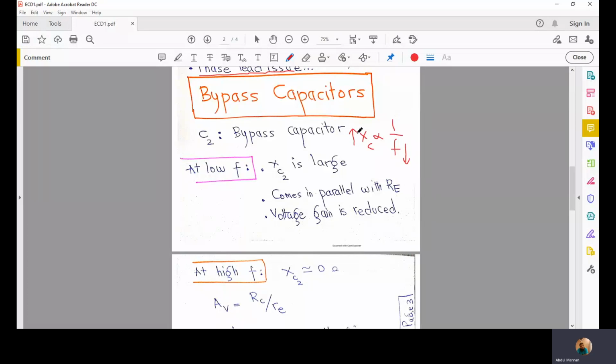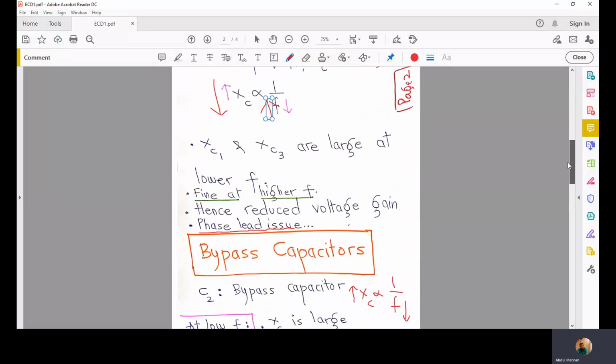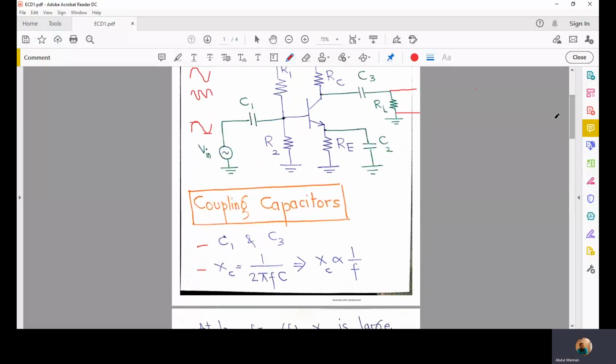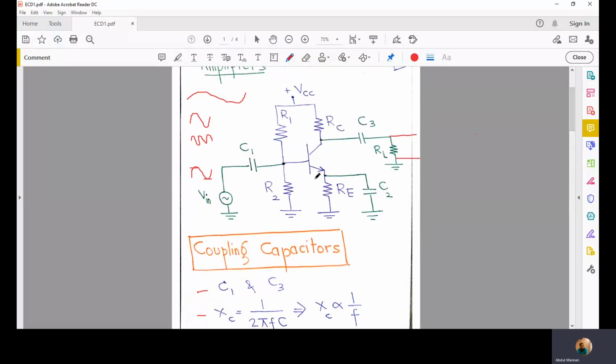A large value of XC comes in parallel with RE. RE is already large, so a large value in parallel with a large value is half of that if they are equal. But still, the value is large, and that comes in series with the small RE, the junction resistance, and we get a smaller voltage gain.